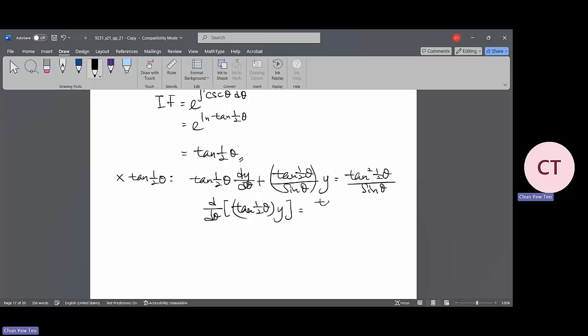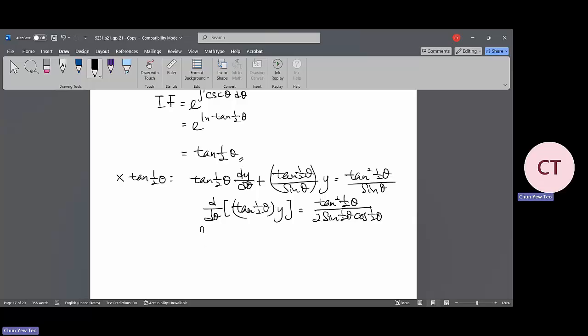The right-hand side, maybe we can simplify them further. You can use a double angle for sine theta, or we call it a half angle theorem: 2 sine half theta cos half theta. You can do like this.